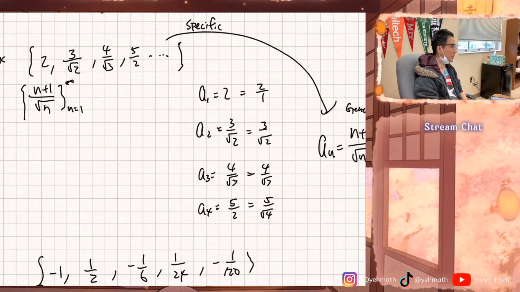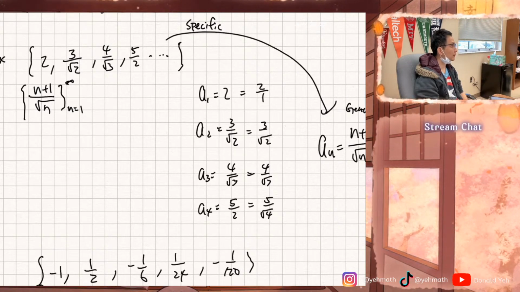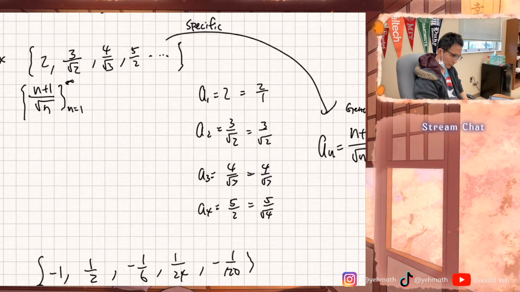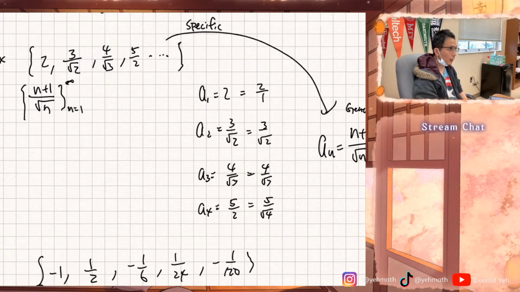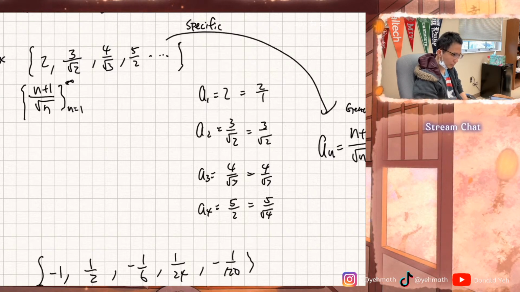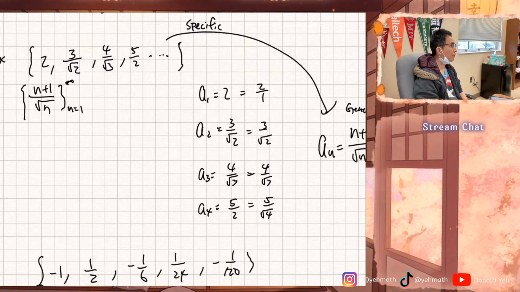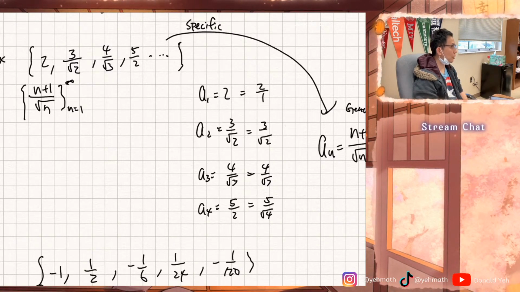Some of you remember this notation? Oh, I don't like this already. What's the second to last? 1 over 24 and negative 1 over 120. I don't like this. So should I introduce the new notation?